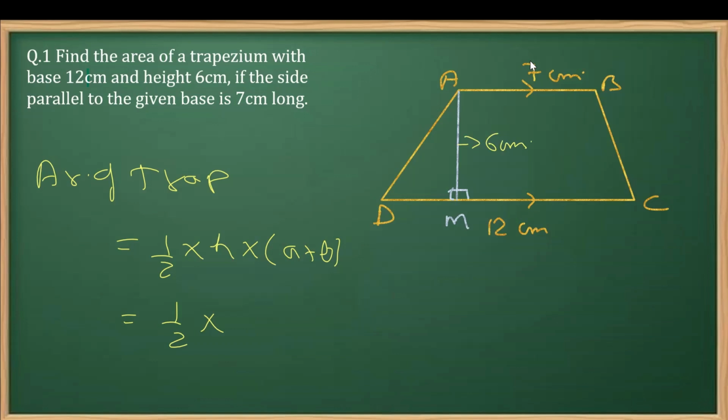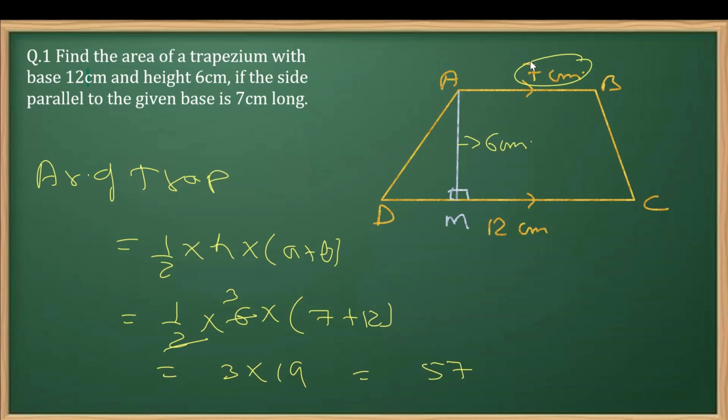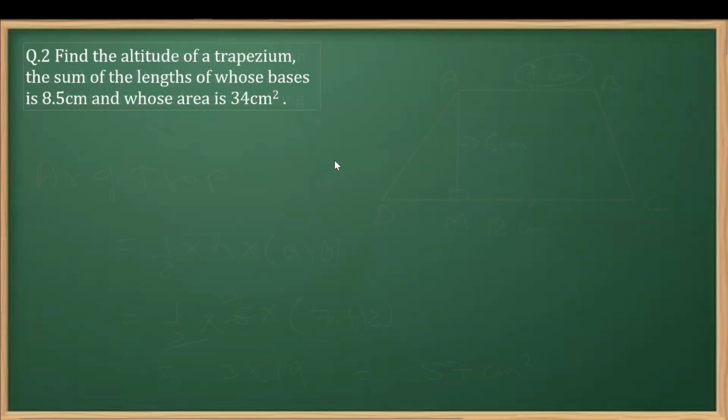So h will be replaced with 6 multiplied by the sum of the parallel sides, which is 7 plus 12. Right? These are the two parallel sides. Now what we can do is reduce this. This is divisible by 3 times, and this is 3 multiplied by 19. So it should come as 57 centimeters square as the area for the first part.